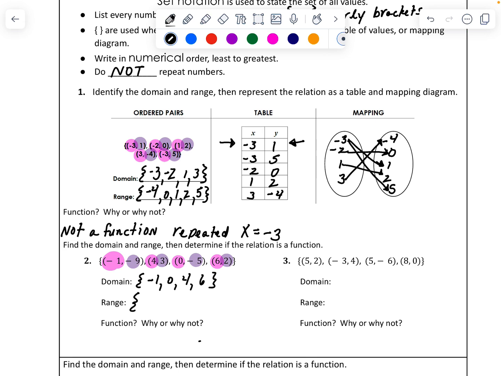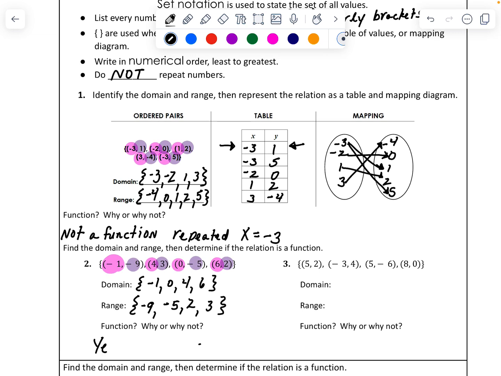So let's see, negative 9, negative 5, 2, and 3. Function, why or why not? So yes, no repeating x values.